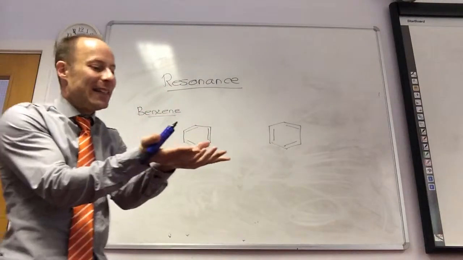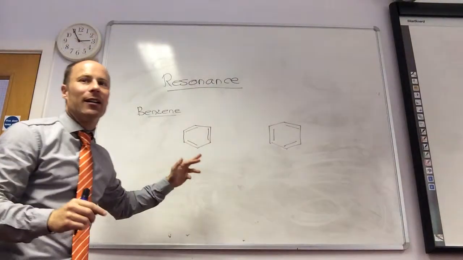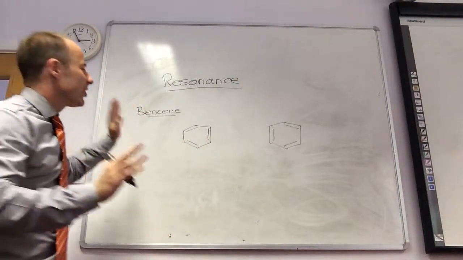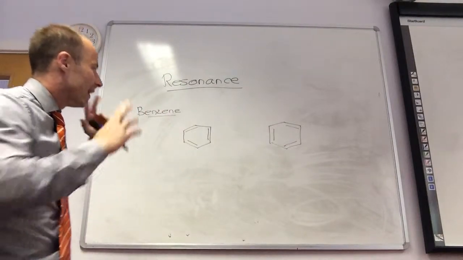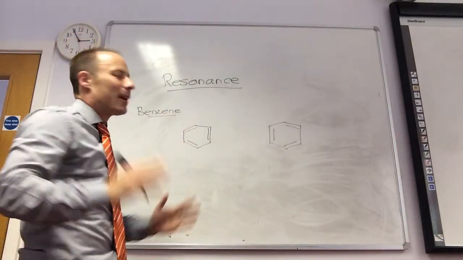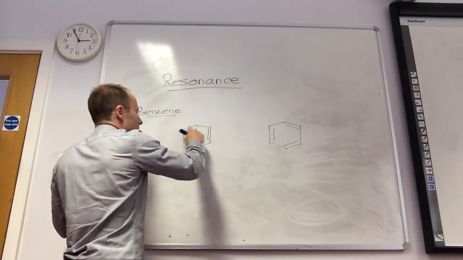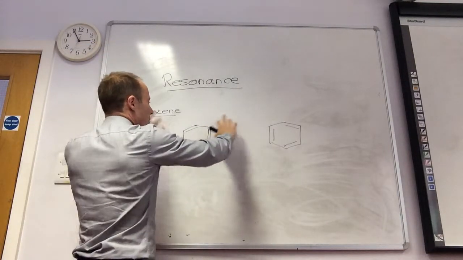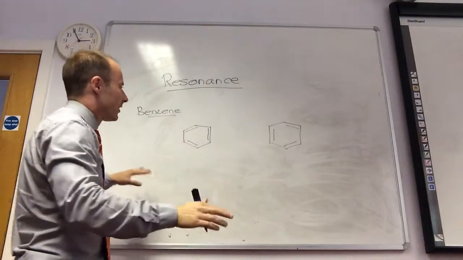If I had benzene in my hand and I could look at a molecule of benzene, would it look like that? No. It's just me as a chemist trying to represent it in a way that I, and perhaps you, can understand. Because I see that as a carbon, I can imagine the hydrogens coming off. But actually, if I was to look at benzene, it doesn't look like that.